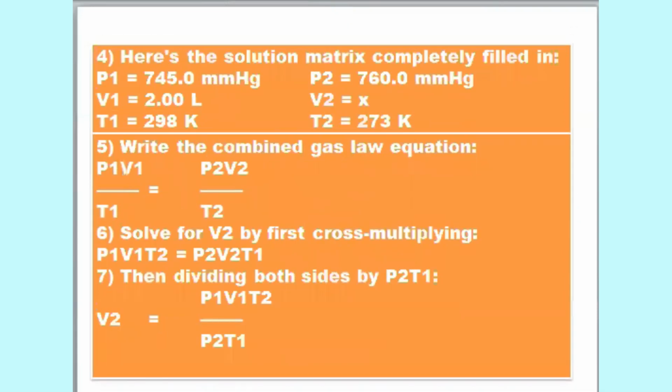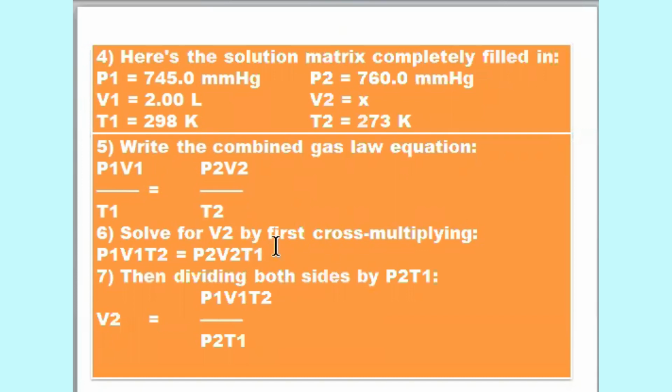Then the solution matrix is completely filled in: P1 is 745 millimeter of mercury, V1 is 2 liter, and T1 is 298 Kelvin. The Celsius scale is converted into Kelvin scale during calculations. Write the combined gas law equation, P1 V1 over T1 equals P2 V2 over T2.